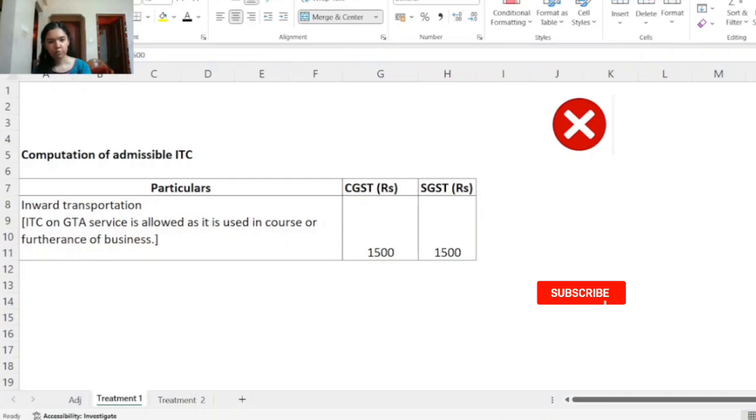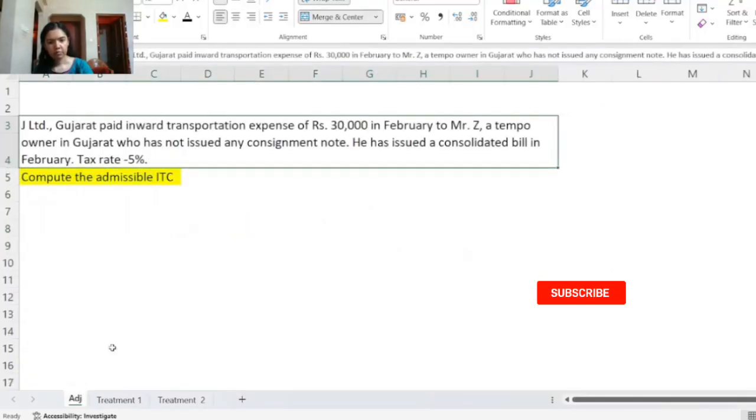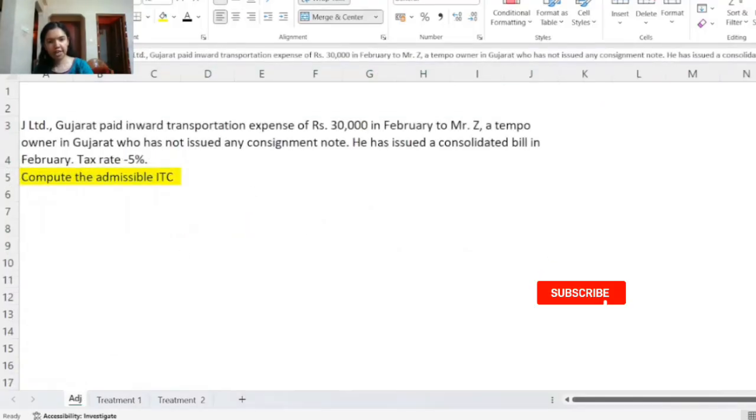However, this is wrong because in this question this is not a GTA because Mr. Z has not issued the consignment note. He has only issued consolidated bill. So now let's discuss the correct approach. To be treated as goods transport agency, the transporter must issue a consignment note. And here the question clearly states that no consignment note has been issued. So that means Mr. Z is not a GTA.